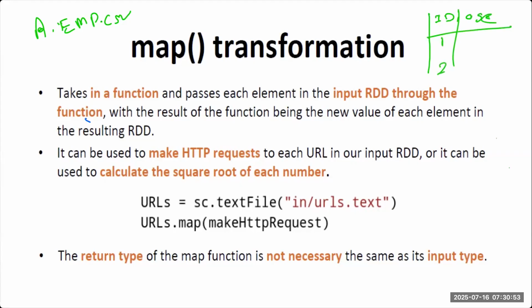ID 1, 2, age 20, 25. Let's give one more record, 30.